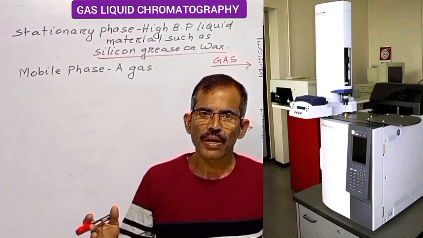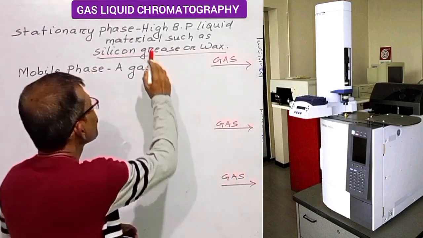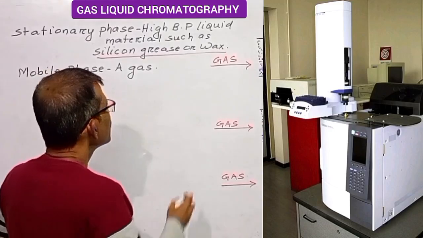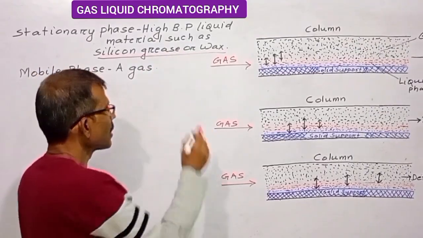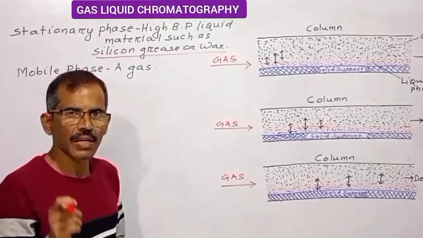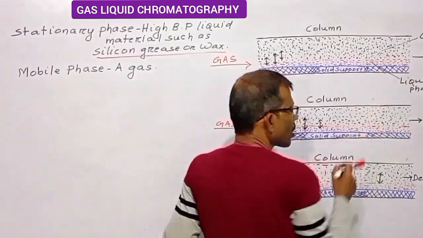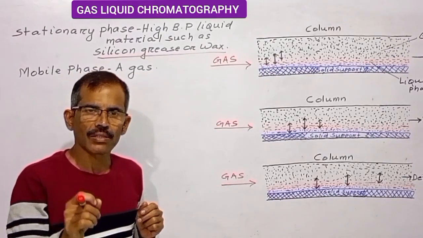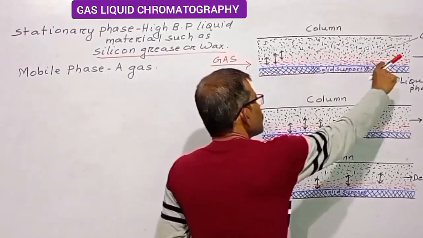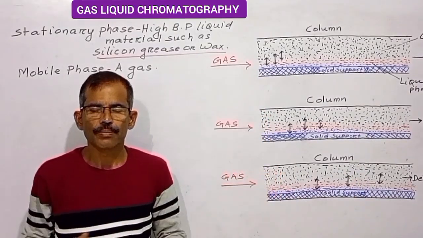The stationary phase of GLC consists of a high boiling point liquid material such as silicon grease or wax. The stationary phase is either coated onto the internal wall of the column or supported on a granular inert solid packed into the column. The mobile phase is a gas.